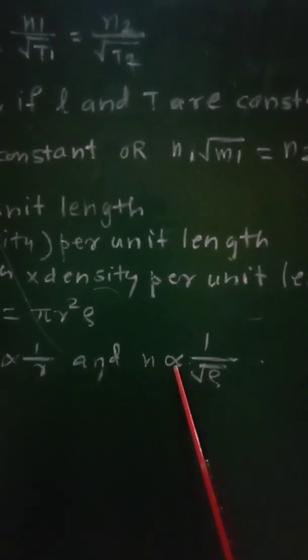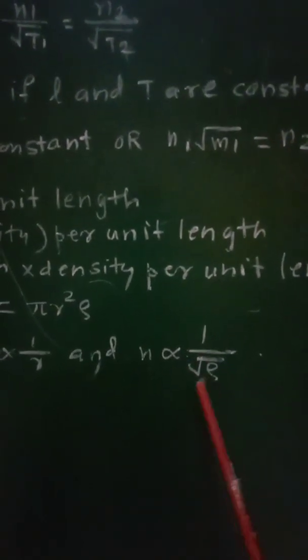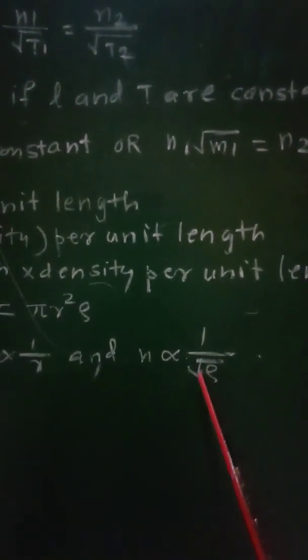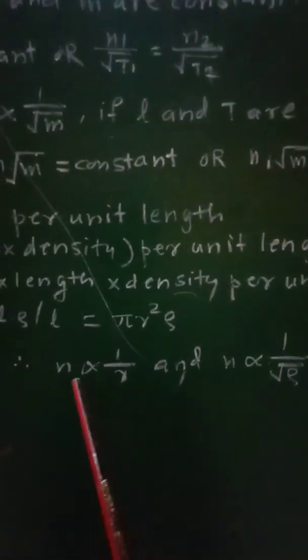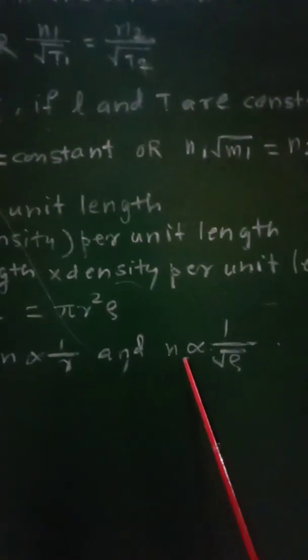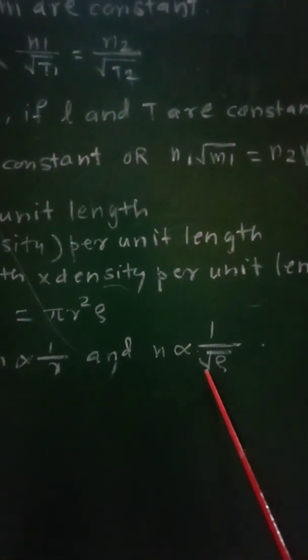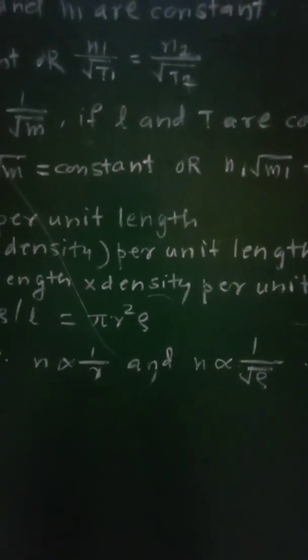So in this way, these two laws will be stated, that is n proportional to 1 by r and n proportional to 1 upon root rho. So these are the laws of vibrating string.